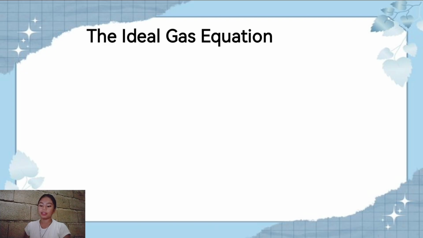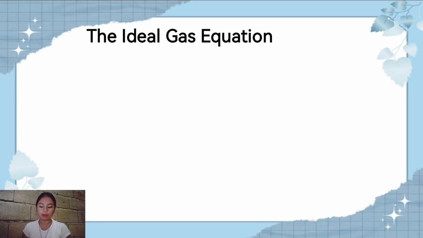Unsa day ang ideal gas equation? The ideal gas equation is one of the most important formulas in chemistry and physics. So, ang ideal gas equation kay usa siya ka-importante nga formula sa subject nga chemistry and physics.